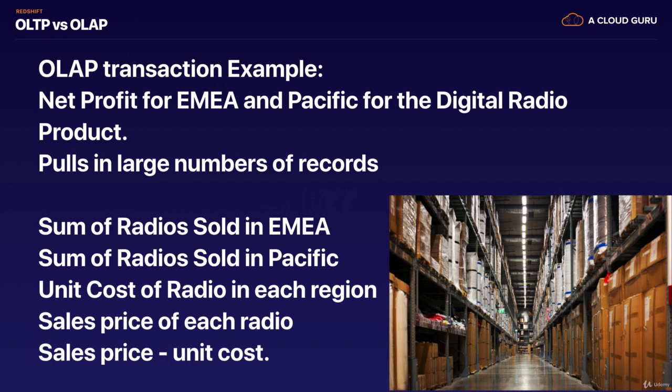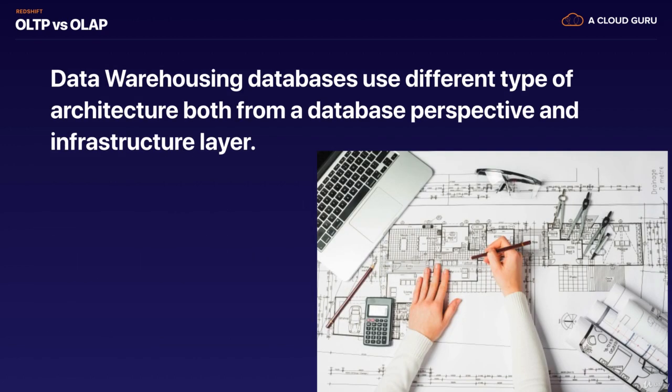It's going to add up the sum of all radios sold in EMEA, so Europe, Middle East, and Africa. It's going to add up the sum of radios sold in the Pacific. It's going to grab the unit cost of the radios in each region, take the sales price of each radio in each region, and then calculate the sales price minus the unit cost. You can imagine the sort of queries it's going to be running to do this.